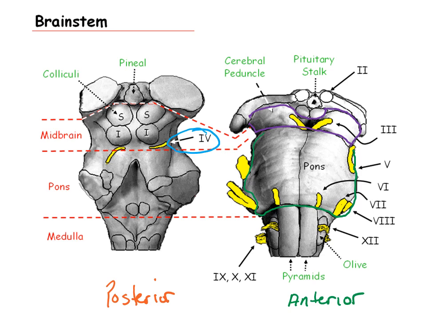Let's stay on the anterior side, and here we have cranial nerve number 2, again, which is associated with the diencephalon. It's not emerging from the midbrain, but it's emerging just above the midbrain. And then we have cranial nerve 3 and over here 4 emerging close to where the midbrain and the pons meet.